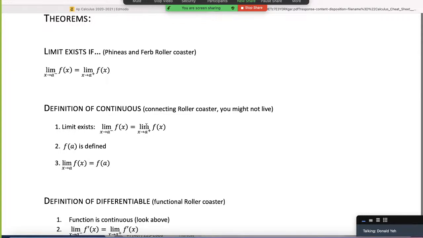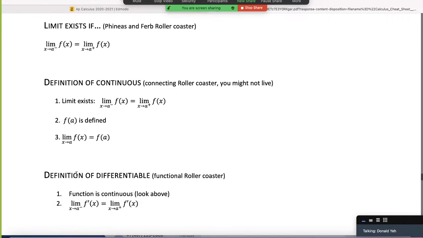The limit exists only if the first condition holds and f of a is defined, and the limit as x approaches a equals f of a. This is the definition of continuous. Now, how do you say the definition of differentiable? That means a functional roller coaster. The function is continuous, look above at all the conditions, and also f prime of x from the left and right has to equal each other.